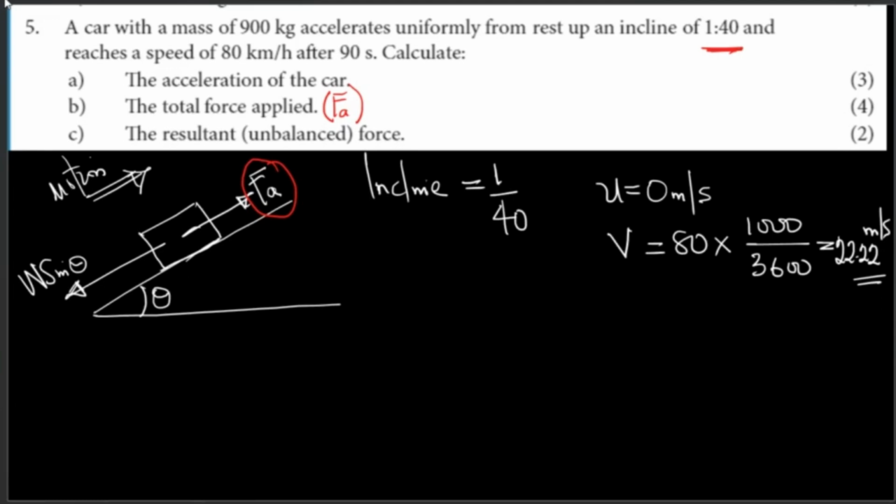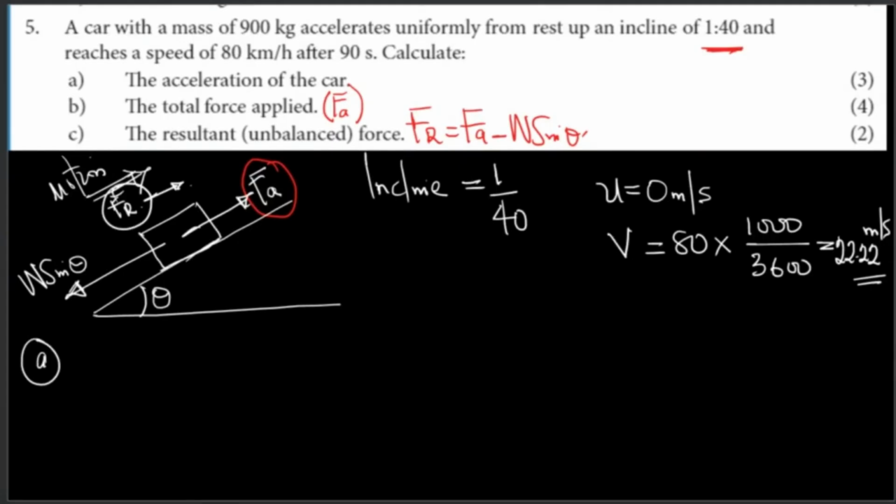You subtract the applied force F from the component of the weight. It's going to be the applied force minus W sine theta. That's the resultant force. I'm just giving you a clue.